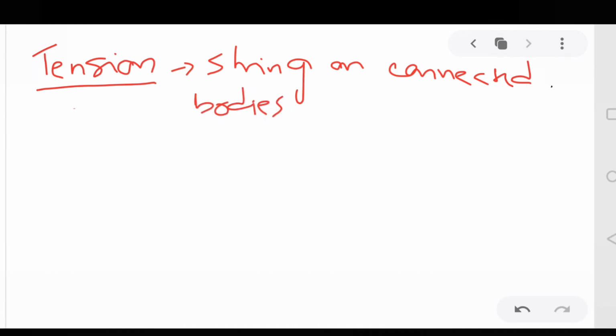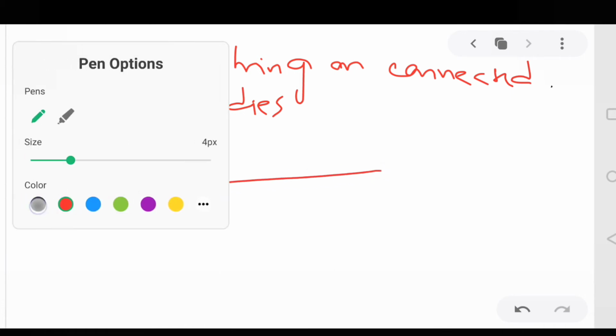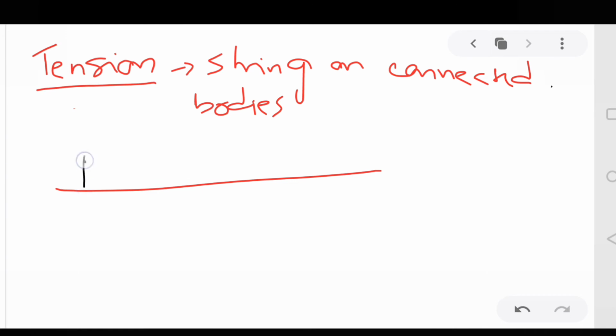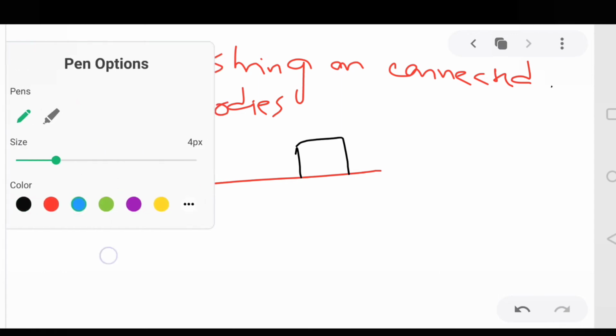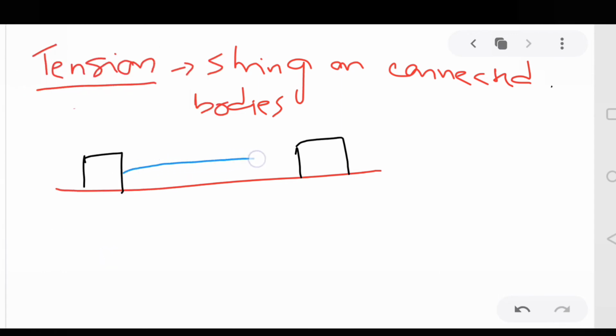What do we mean by connected bodies? Let's see one example. Suppose we have a horizontal surface, and on this surface you have two blocks. These two blocks are connected by a string. This blue color represents the string.